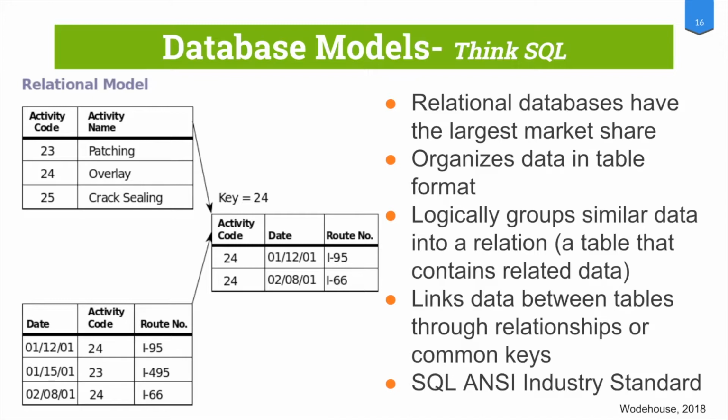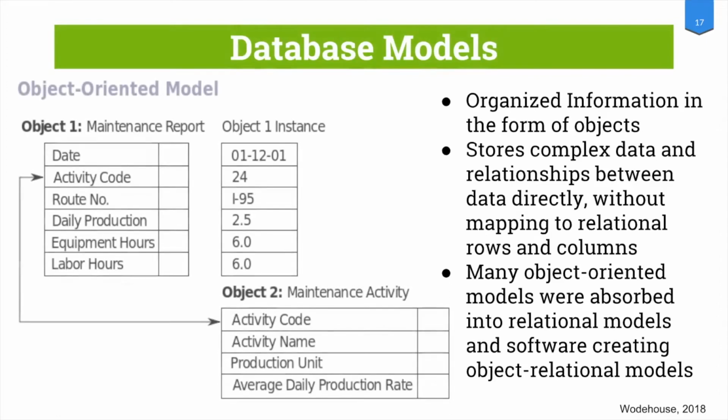Relational databases organize data in table formats, and they logically group together similar data and provide links between tables through relationships or common keys. In fact, SQL is considered the industry standard. But relational database models had a problem.